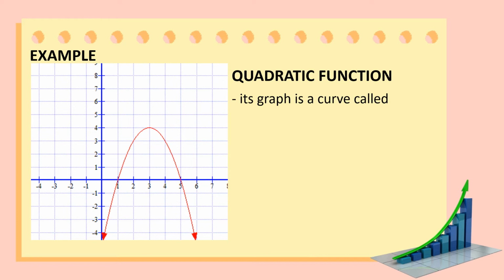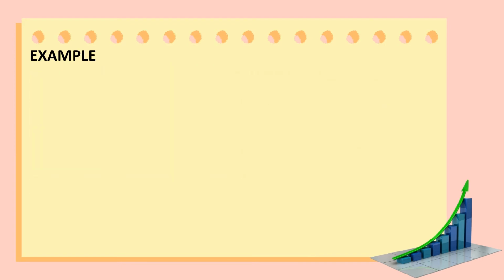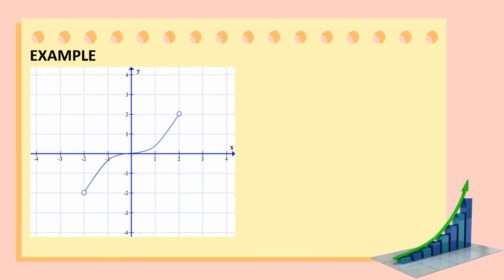Its graph is a curve called a parabola. A parabola intersects its axis of symmetry at a point called the vertex of the parabola. So this is the vertex of the parabola. Our next graph is an example of a cubic function.